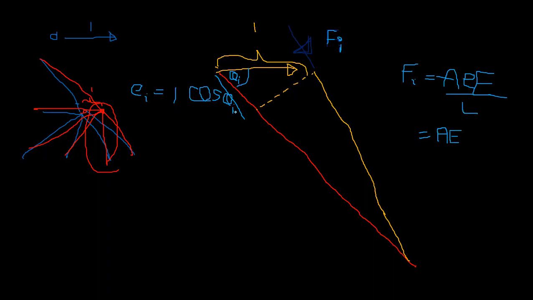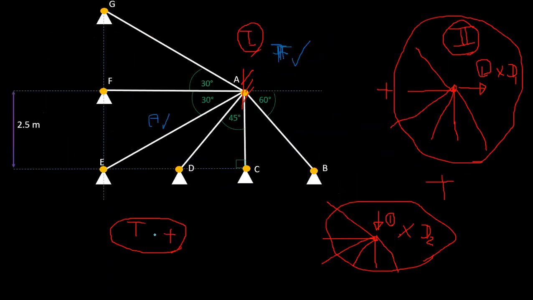So the elongation is cos theta I over Li, so Li for the ith member. So L is changing, and this is the force applied. So this force is the compression in the member, right? If it is compression, this should be negative. Why? Our sign convention is tension positive.